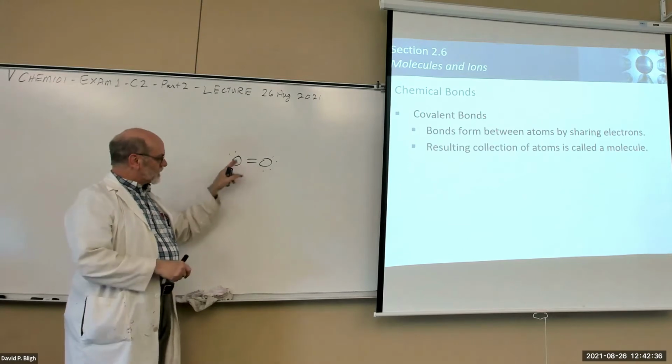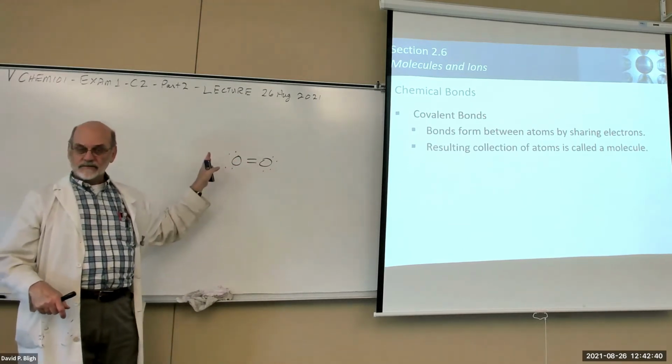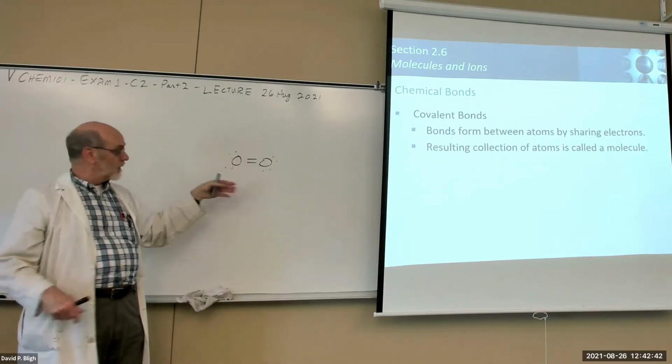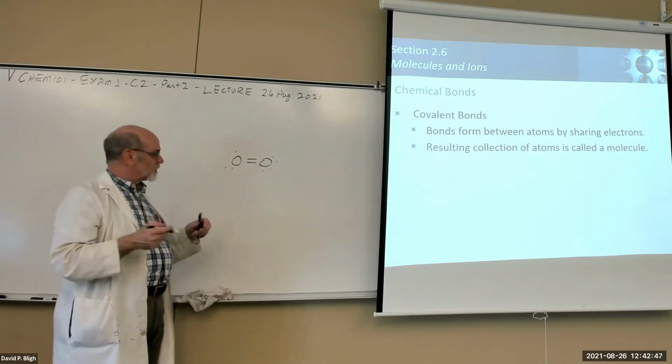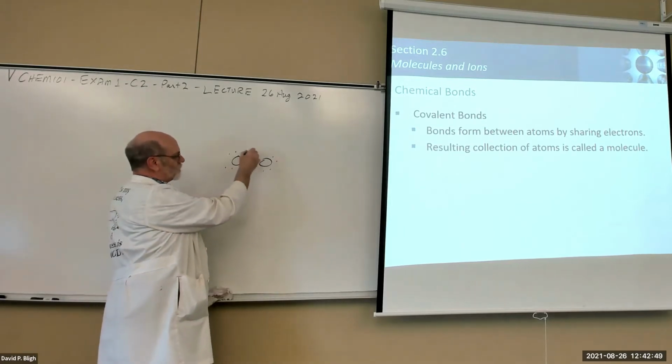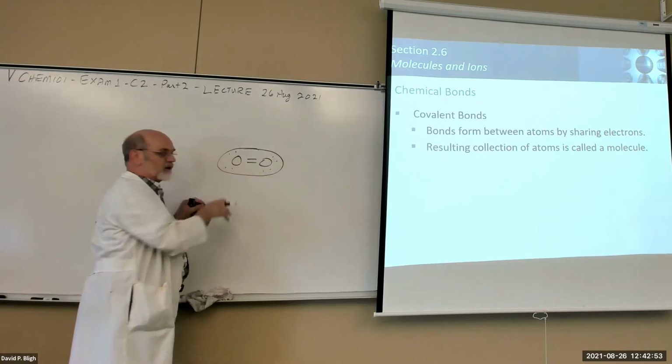But since they're the same element, the same atoms with the same number of protons, their tug of war is evenly balanced. So you have electron density. If you draw an electron density, it's going to be evenly distributed electrons.